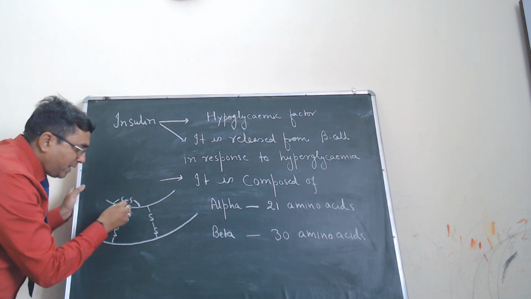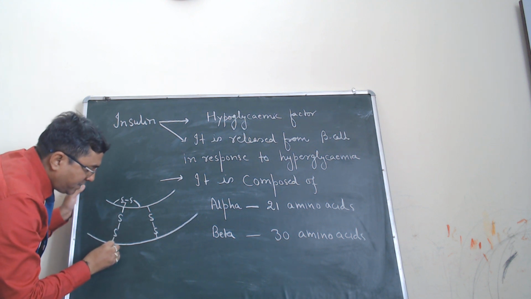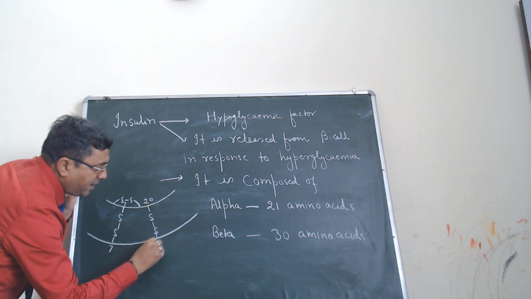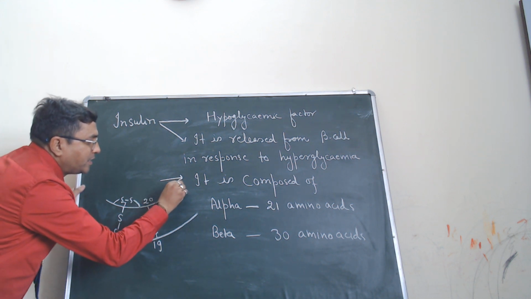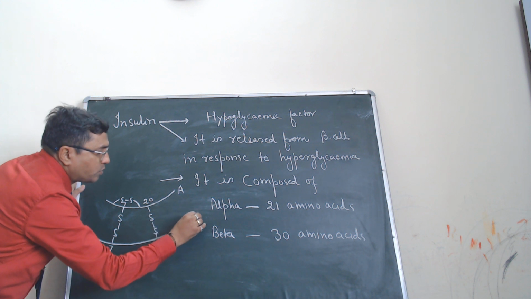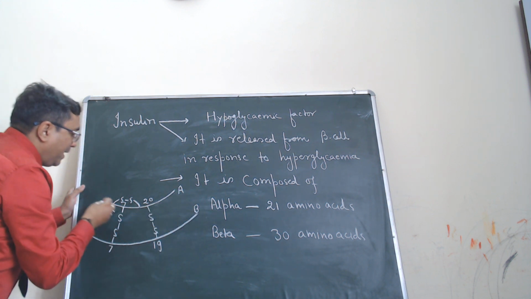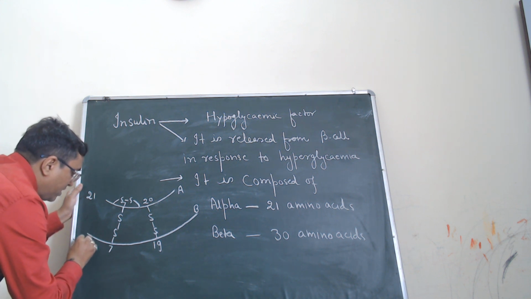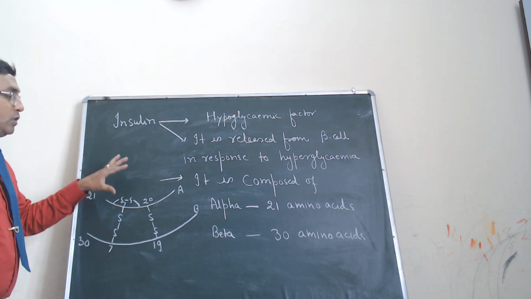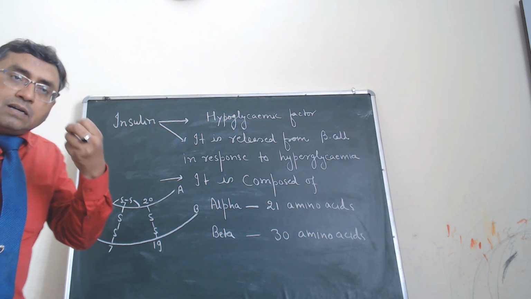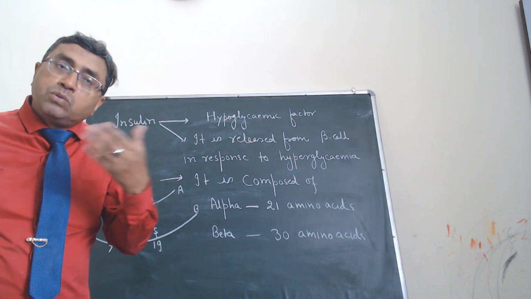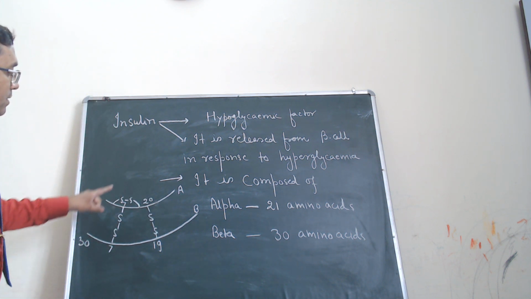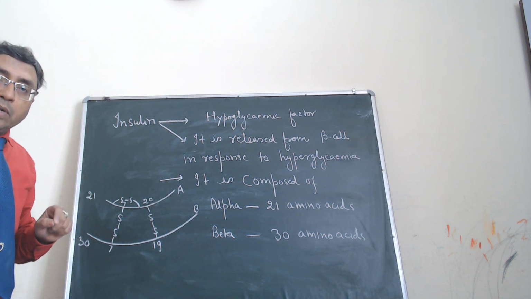The positions are the 7th amino acid, 20th amino acid and 19th amino acid. A chain has 21 amino acids and B chain has 30 amino acids. These are the amino acids associated with the A and B chain. Is it okay? This is the molecule of insulin.